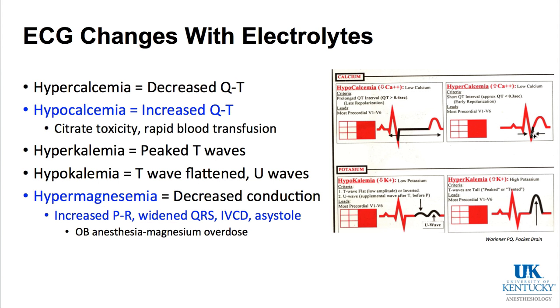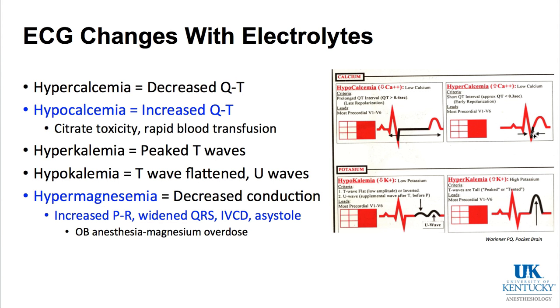as opposed to hypocalcemia, with the classic example being very, very high volume FFP or packed red blood cell transfusion with lots of citrate going into a patient who doesn't have a good liver, like a liver transplant, where you get citrate toxicity occurring.